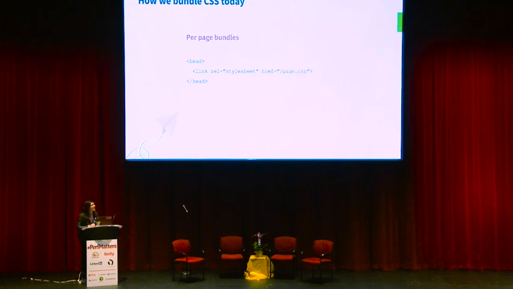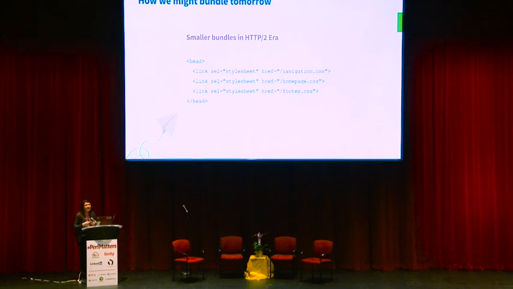It might make more sense to do per page CSS if people are only hitting one or two pages and then bouncing. With HTTP2, we have a little bit more flexibility to give people our CSS in little modules. Again, be sure to actually test with your users and make sure that this makes sense for your audience.